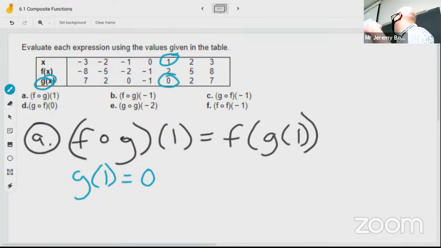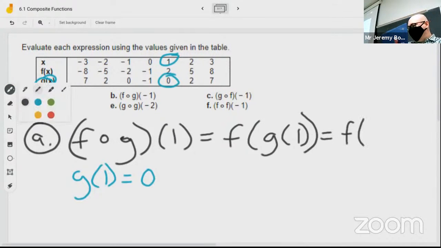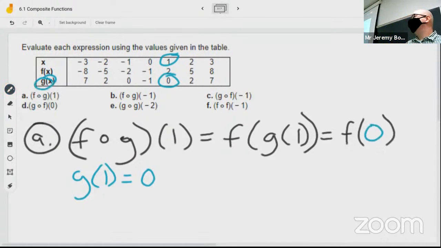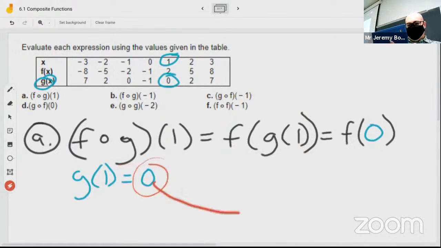All right, so if we want to figure out what F composed with G of 1 is, what are we going to do now? What do y'all think? Not F of 1, we're going to do F of 0 because G of 1, we figured out, is 0. All we did was take the output of G of 1 and substitute it in there.